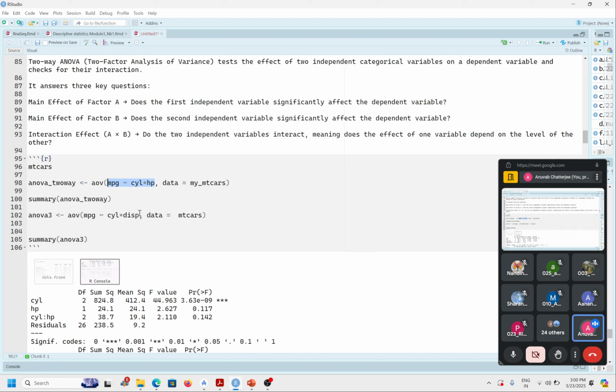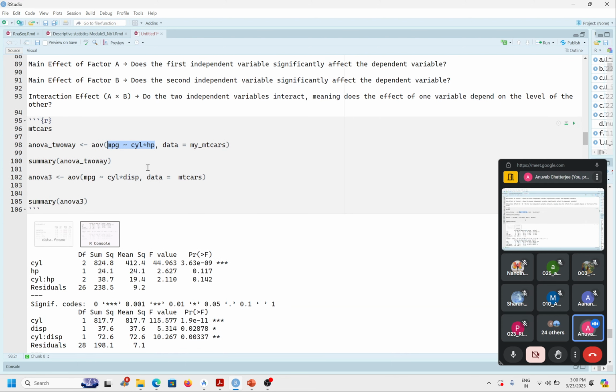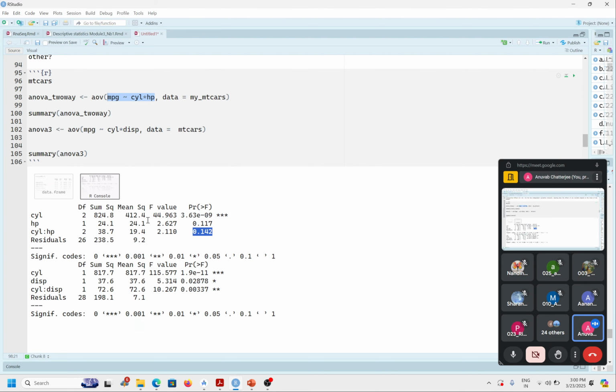The next question was this: we figured out that HP doesn't matter to mileage, because HP and mileage did not have a significant value, and cylinder and HP both didn't have a significant value. We then wanted to ask what else it can depend on. Maybe the displacement the car is showing. So we ran the test like this. We wanted to figure out if mileage depends on the number of cylinders, which actually gave us a significant result.